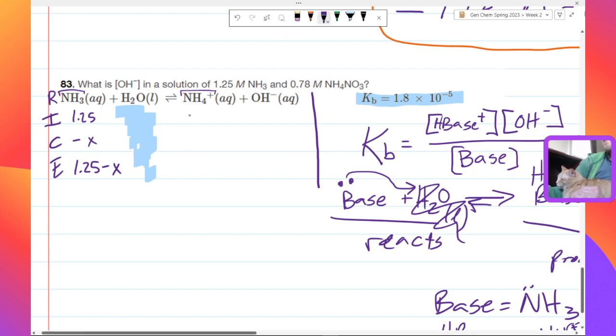This goes into water. Unless we are at supersaturation levels, then these split up completely. And so the fact that you started with 0.78 of this salt, the ammonium nitrate salt, you can just one-to-one that it's that same concentration of ammonium to start with.